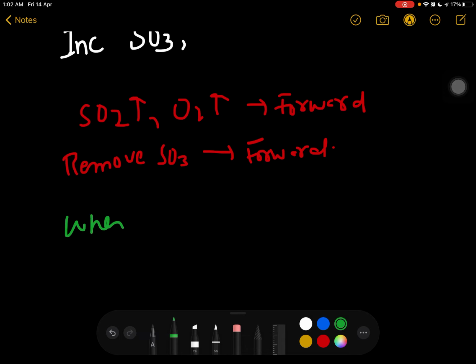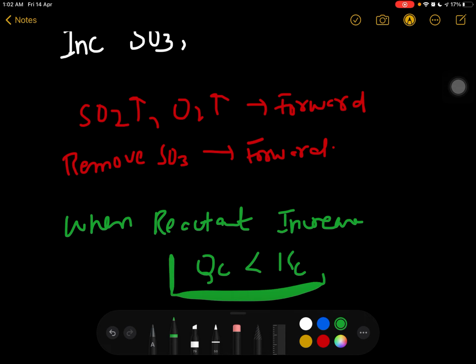So when the reactant is increased, the QC becomes lower than the KC, right?